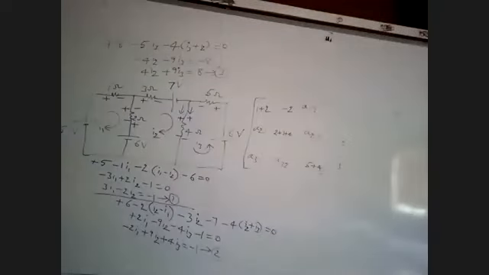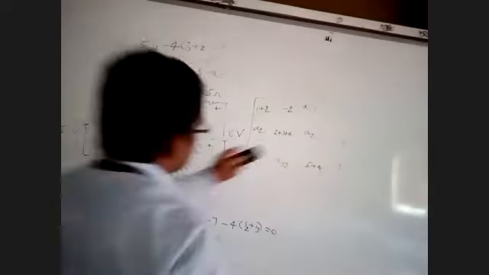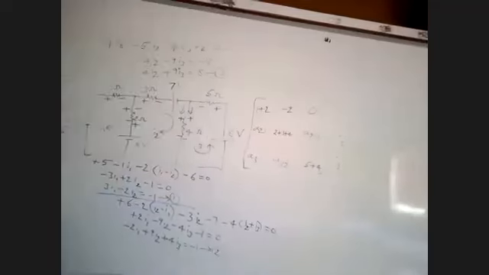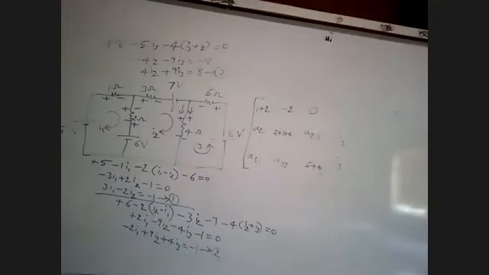There is no common element, so it is 0. There is no connection between the first loop and third loop. That's why it is 0.